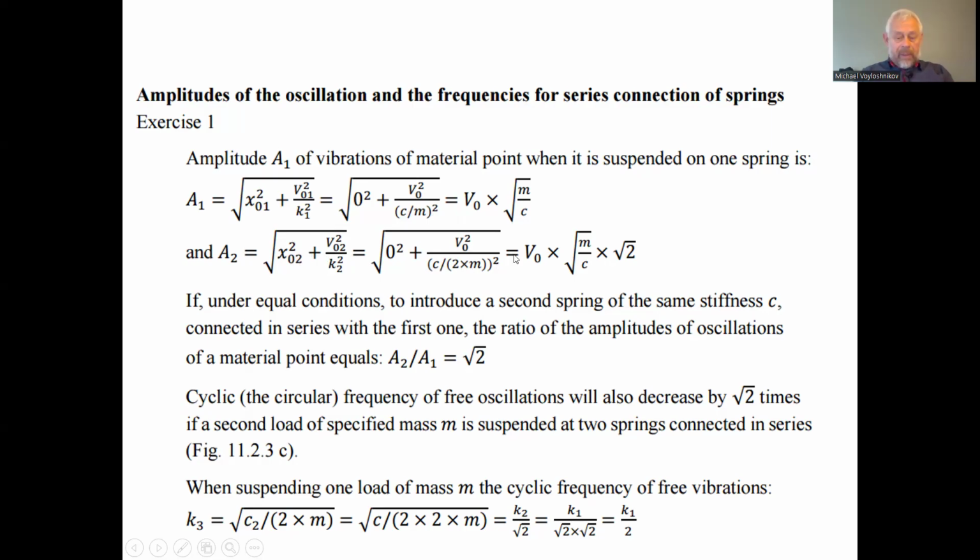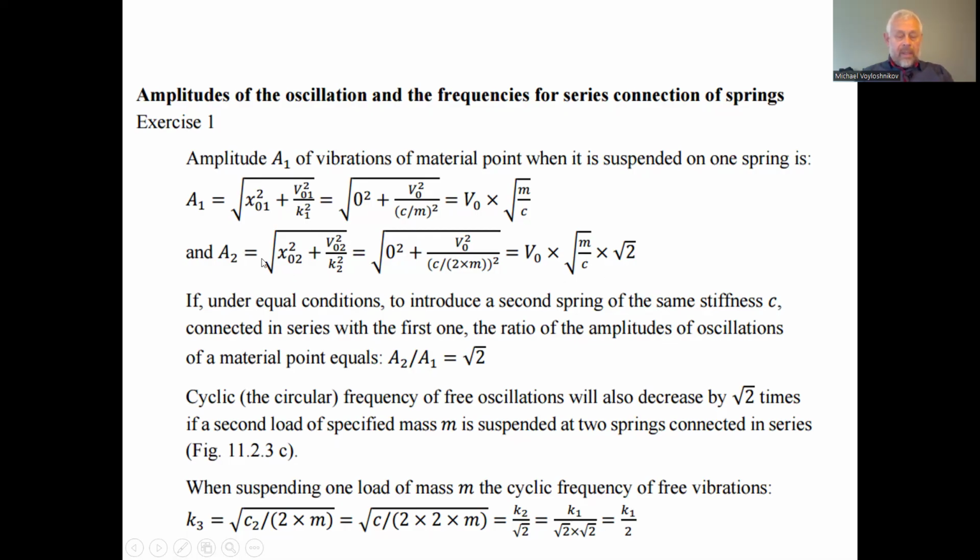And the amplitude in the suspension of the load by two springs in series will be as the previous one, V0 multiplied by the square root of m divided by c, but multiplied by the square root of 2. The square root of 2 is about 1.41.